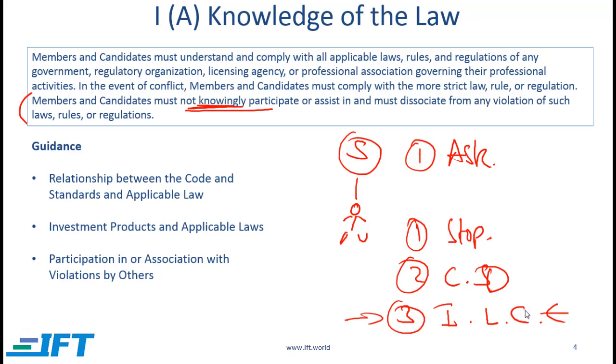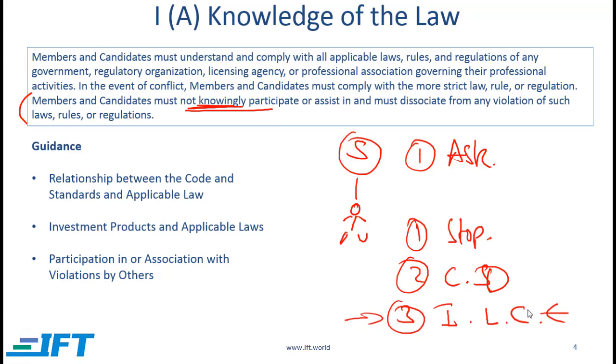The next question becomes, what exactly does disassociation mean? The disassociation practices will differ on the basis of your role in the investment industry or your role in the organization. Disassociation may involve removing your name from written reports and recommendations.